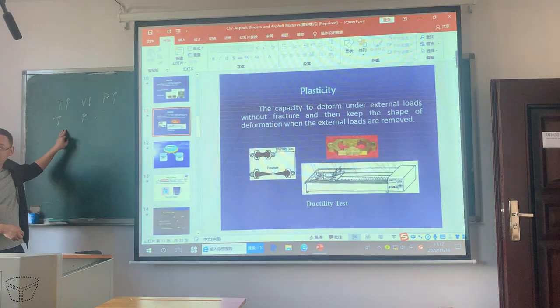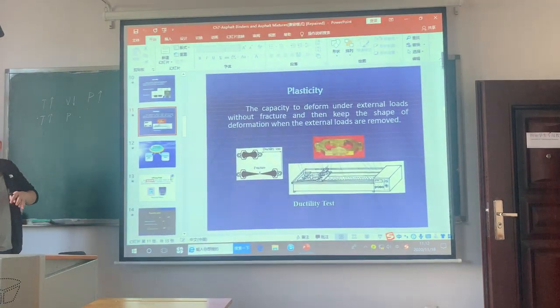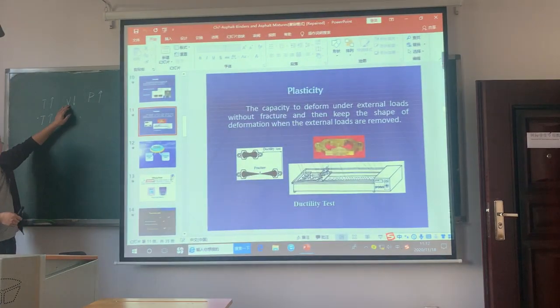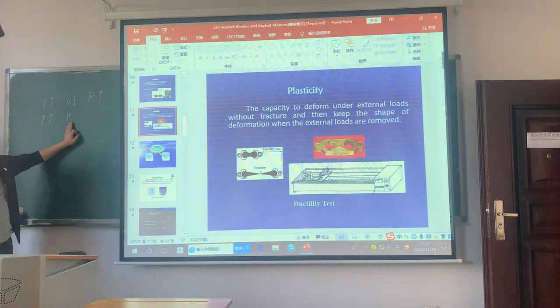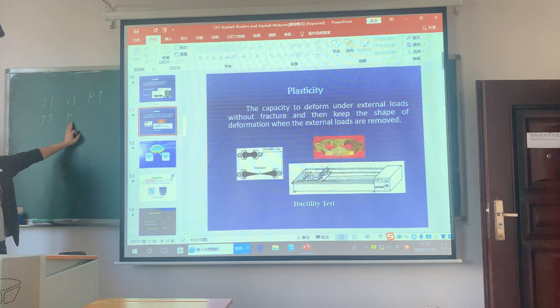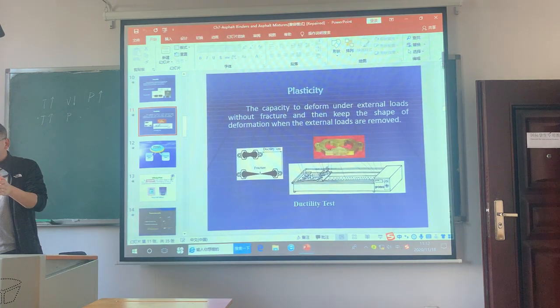Usually, because we have just mentioned the viscosity is related to high temperature, the plasticity relates to performance at low temperature. Because at low temperature, the asphalt will shrink and become a brittle material.